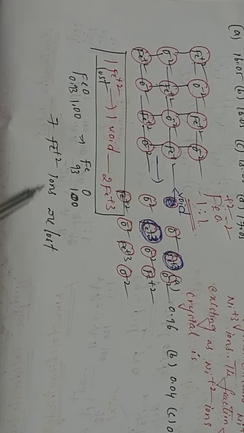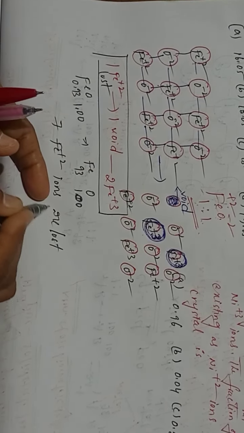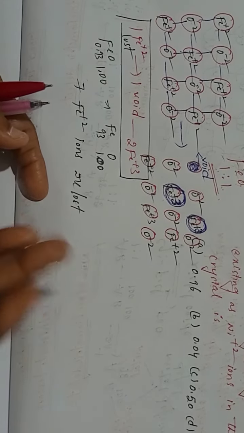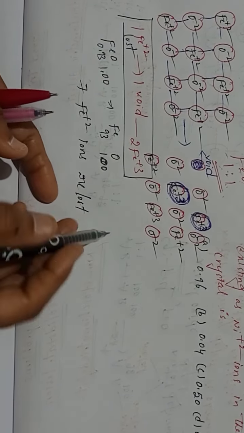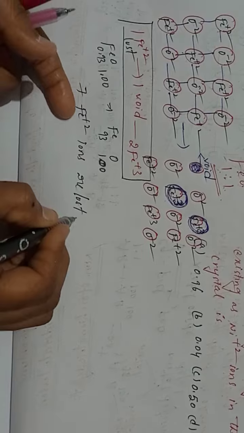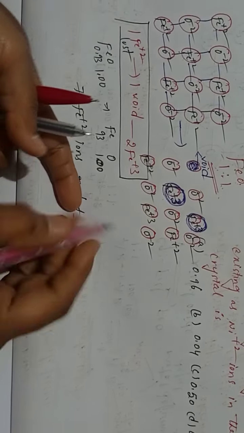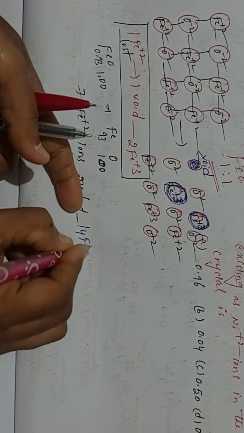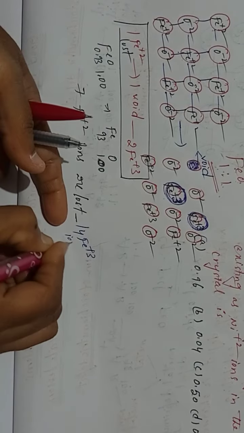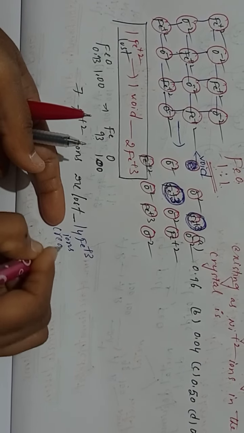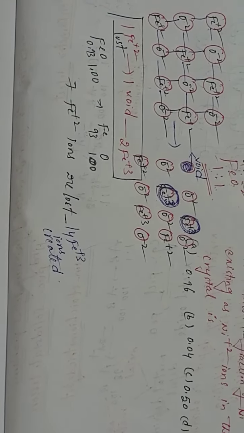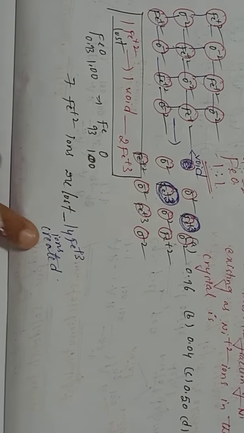So 7 Fe plus 2 ions create how many Fe plus 3 ions, students? Total 14 Fe plus 3 ions it can create. Correct or not? Clear this one? 14 Fe plus 3 ions are created.